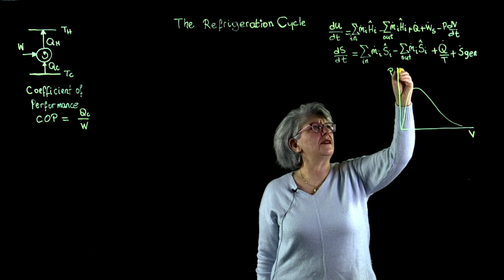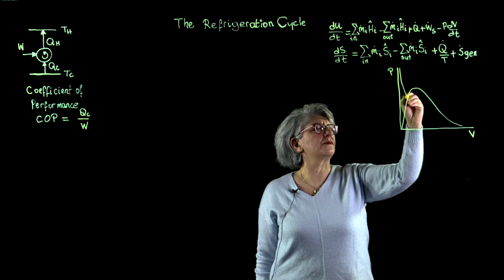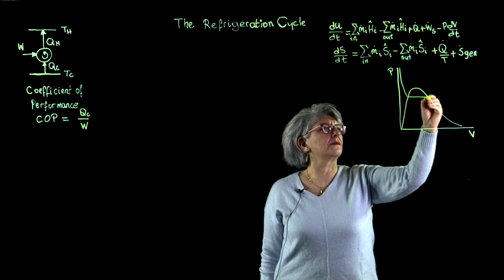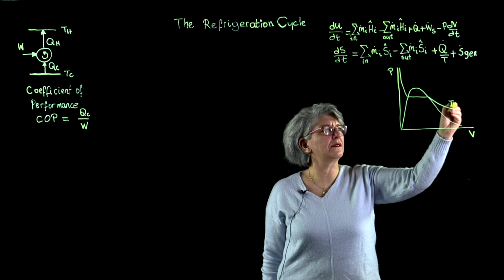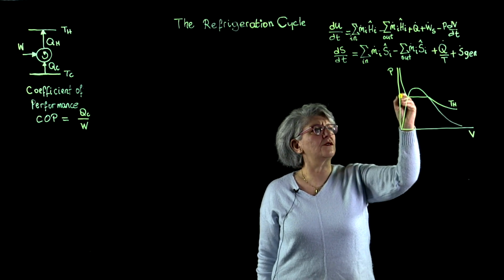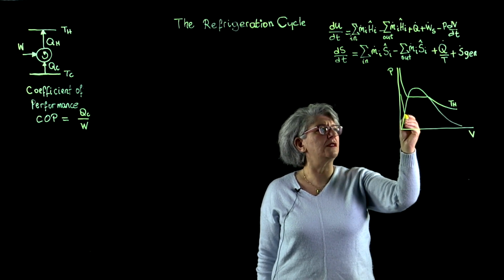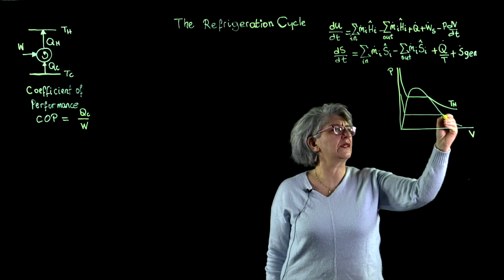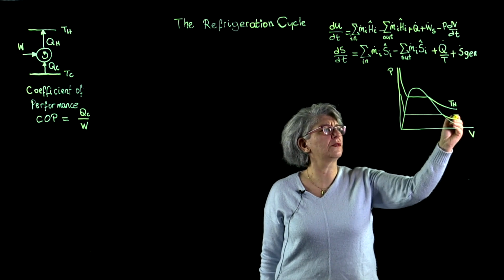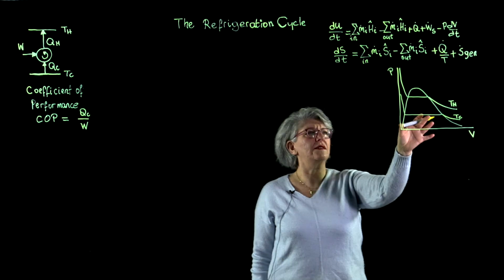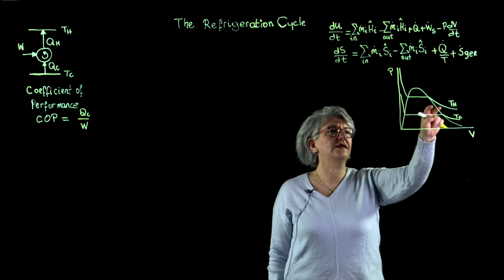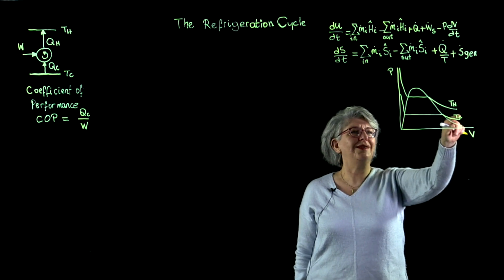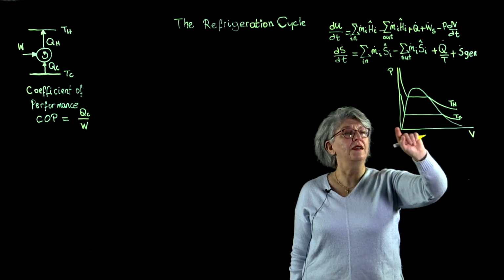This is our isotherm. This is going to be our T-hot. And this is going to be our T-cold isotherm, right? As we go down in this diagram, the temperatures are going to decrease.